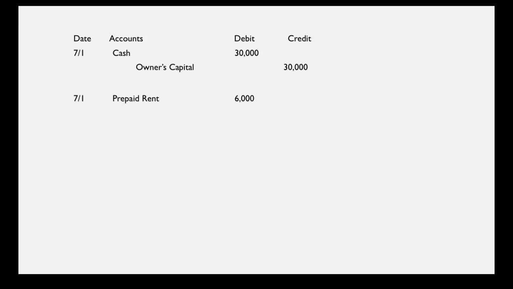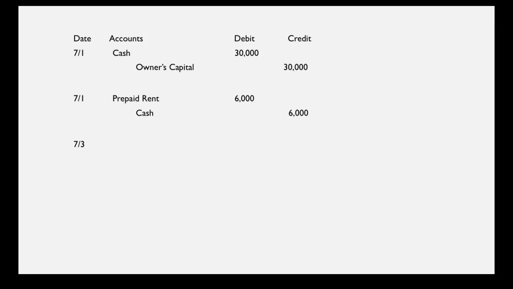And so we are increasing the amount of prepaid rent that we have by $6,000. Now, how did we pay for this prepaid rent? Well, whenever we see the word that we paid right then and there, we know that we used cash. So we credit cash for this $6,000 because we need our debits and credits to equal. And we credit cash to make that account decrease. So our prepaid rent's going up, our cash is going down.